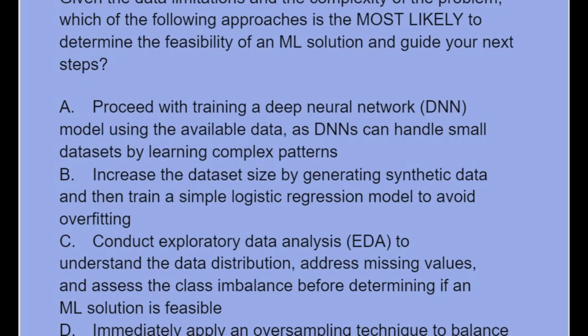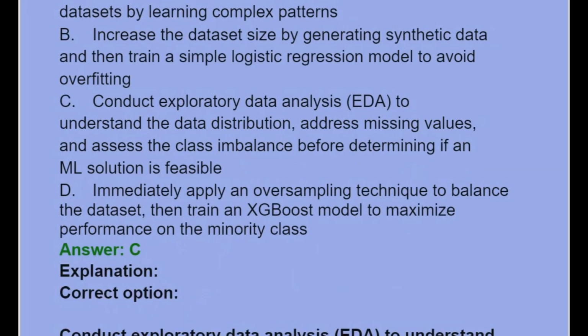Option C, conduct exploratory data analysis, EDA, to understand the data distribution, address missing values, and assess the class imbalance before determining if an ML solution is feasible. Option D, immediately apply an oversampling technique to balance the dataset, then train an XGBoost model to maximize performance on the minority class. Correct answer is option C.